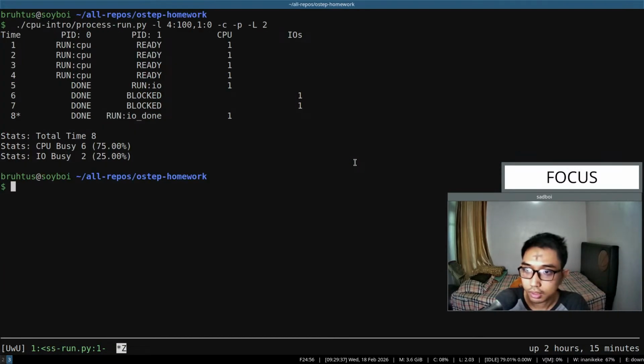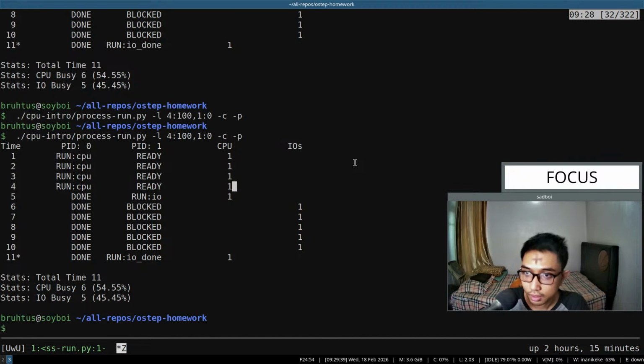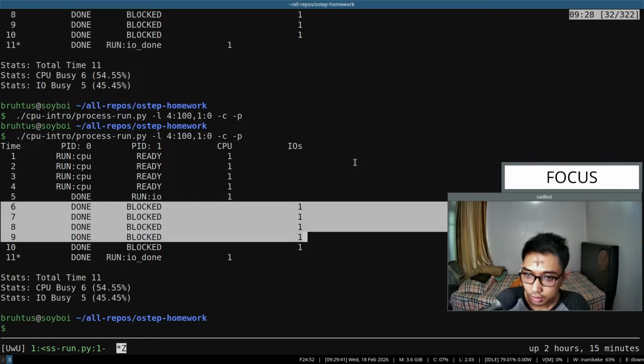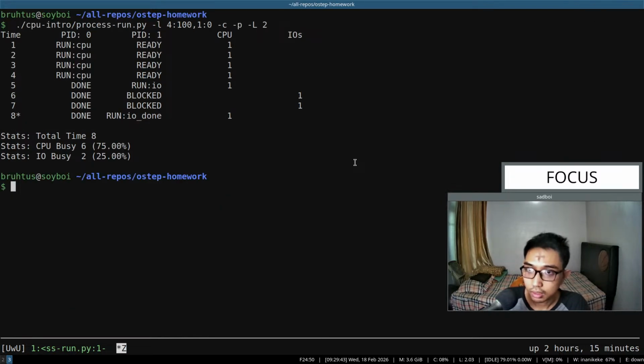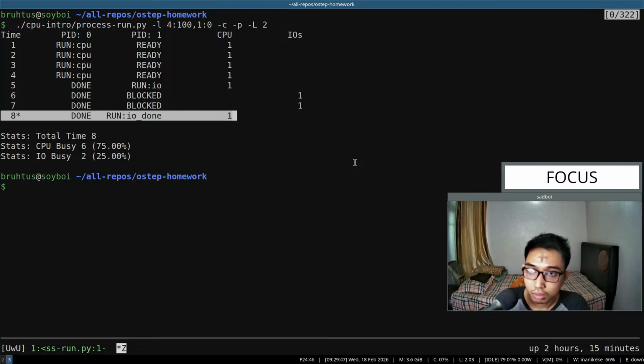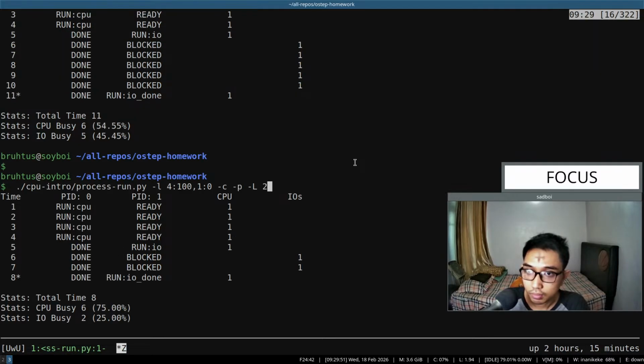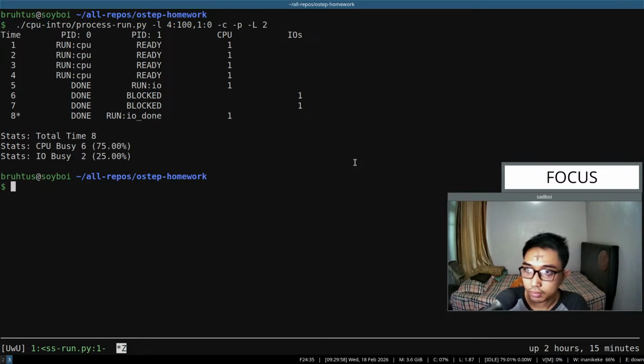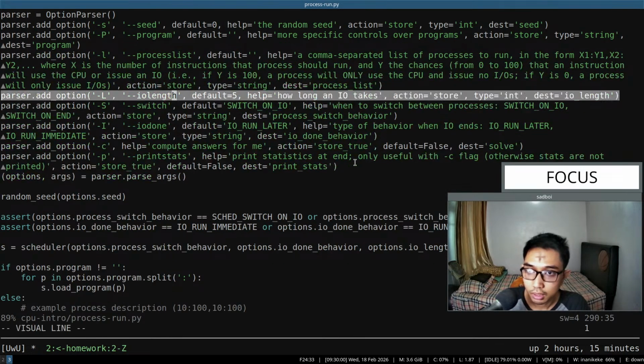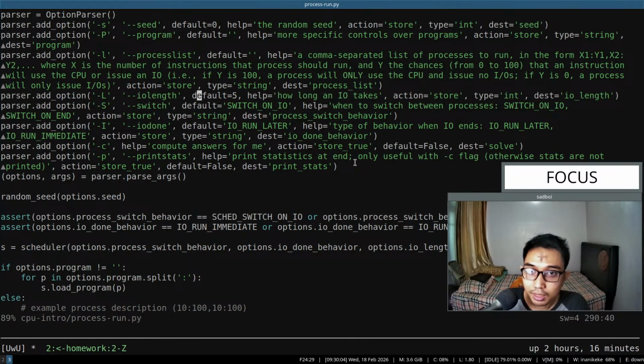Alright. This one. Okay, and then of course we also calculate when the input output done, right? The total time is 11. Okay. Yeah, I cannot forget about this option.